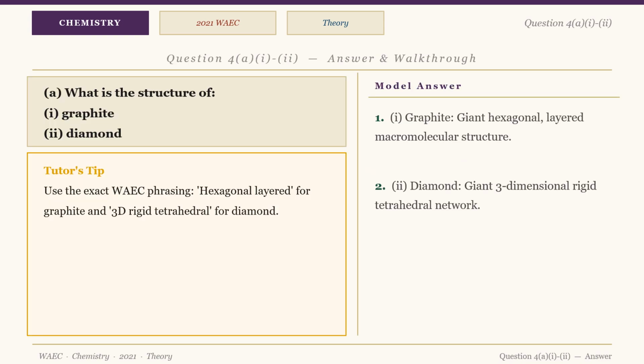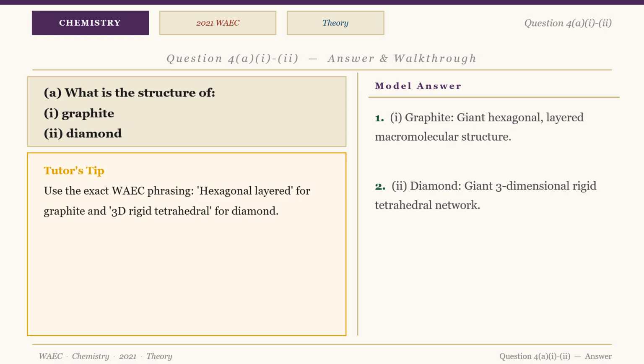So now the structure of graphite is a giant hexagonal layered macromolecular structure. What does hexagonal mean?